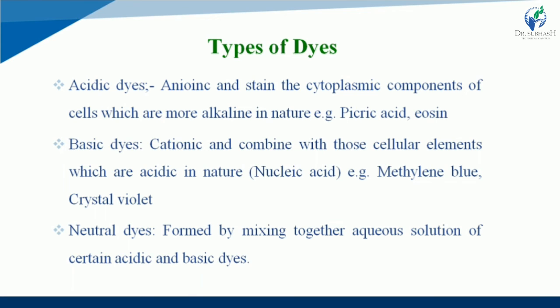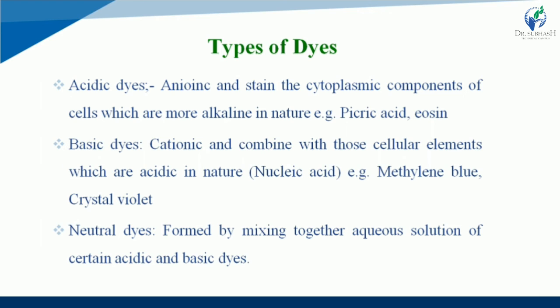Next, what is a basic dye? Cationic, that means positive charge, and anionic, that means negative charge. Cationic, that means positive charge, are combined with those cellular elements which are acidic in nature.